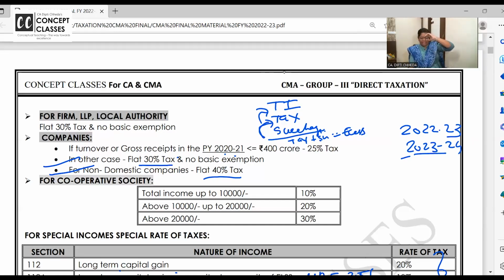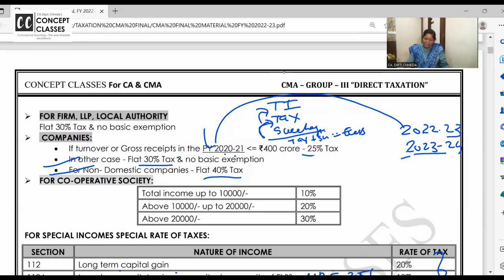So for this financial year 22-23, you have to check two years back. In 2021, if the firm's turnover or gross receipt is less than or up to 400 crores, the tax they have to pay is 25%. Clear?